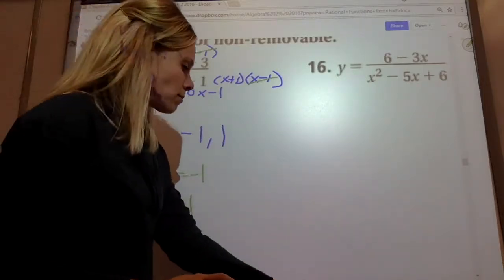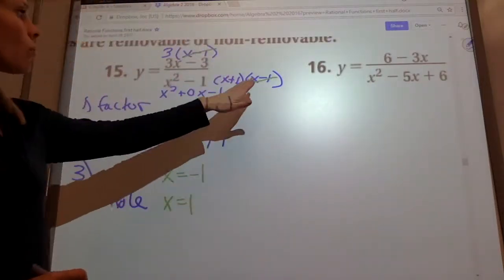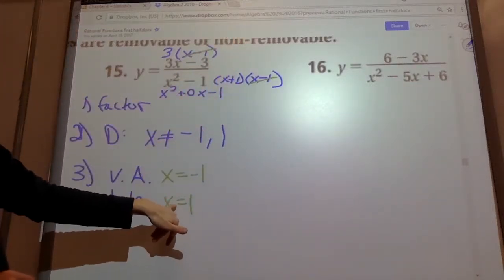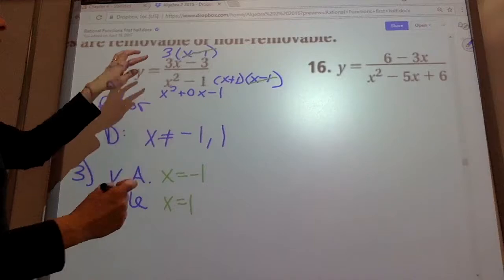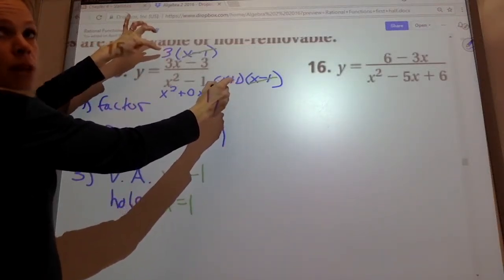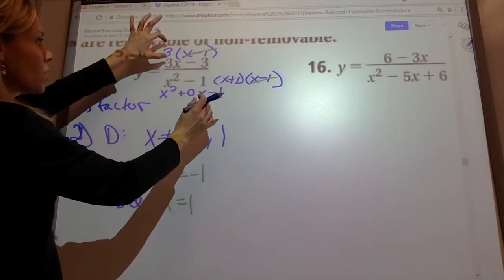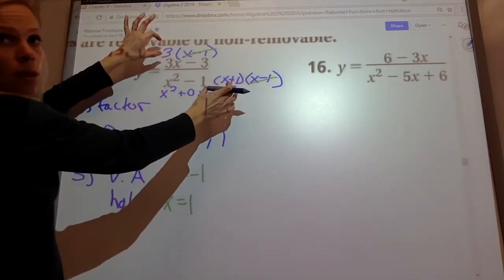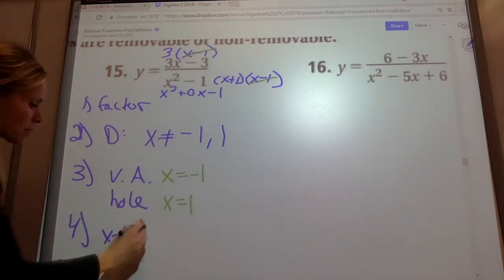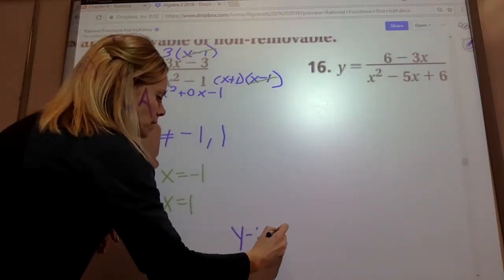All right. Now, once I have the holes crossed off and I have them accounted for here and in my domain, now my function is 3 over x plus 1. So when I do my x and y intercepts, I'm just looking at 3 divided by x plus 1. X-intercept, y-intercept.